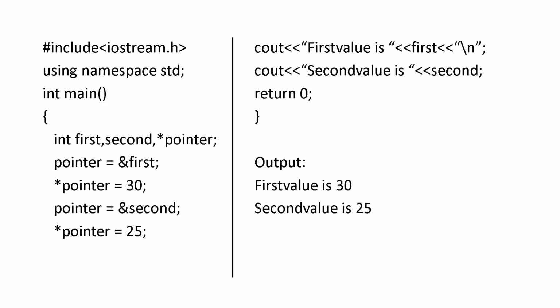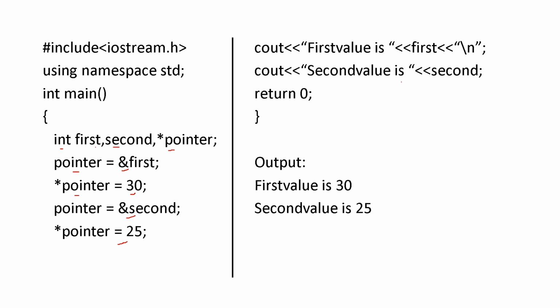Here's an example of a pointer: integer declarations first, second, and *pointer, that's the pointer. In the variable pointer, the address of first has been assigned, and the value 30 has been directly assigned through pointer. Here the address of second has been assigned to pointer and 25 has been assigned. So to print the first value and second value, this is our program.